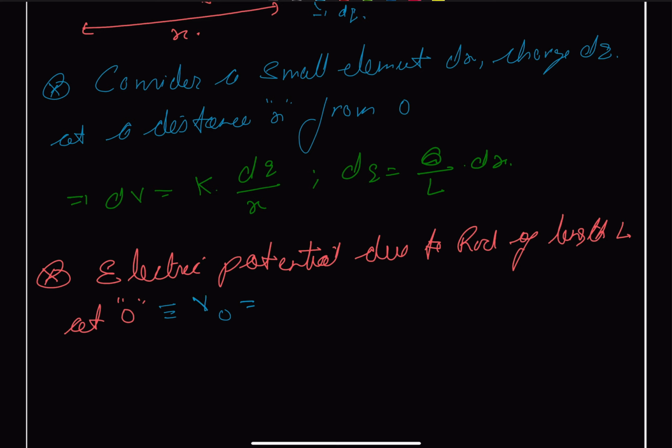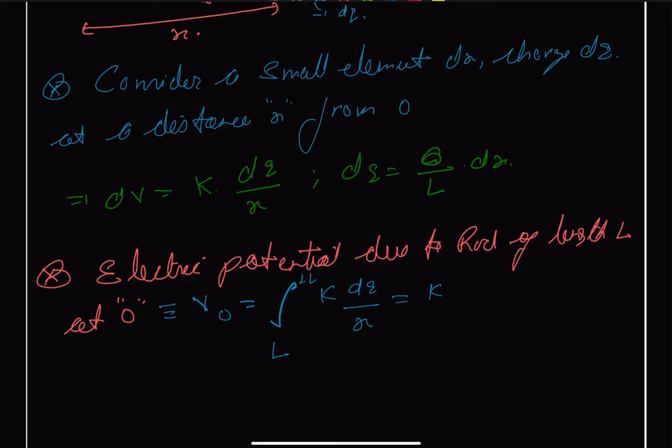And this V naught will be equal to integration from L to 2L of k dq upon x, where k is our constant. So let us substitute it.